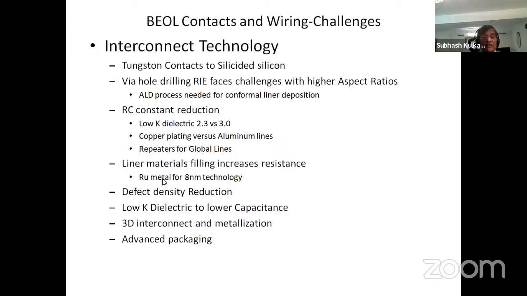Ruthenium metal is being looked into to replace copper for 8 nanometer technology. Defect density reduction is always a challenge, and low-K dielectric in combination with some of these things we are talking about will lower the capacitance. 3D interconnection and metallization will continue, and advanced packaging also will be continuing.